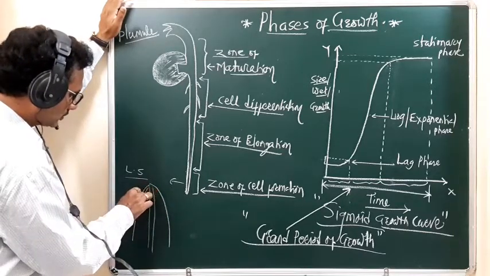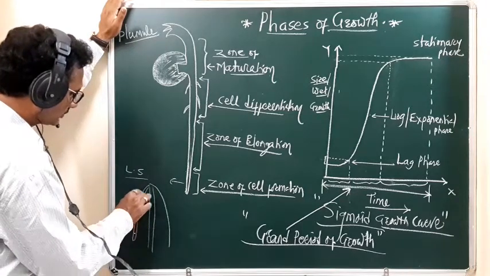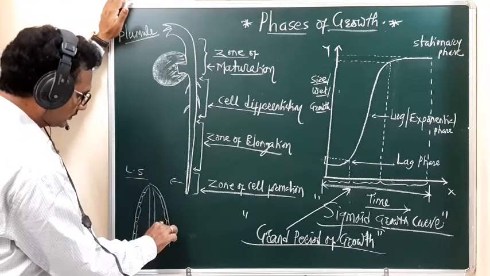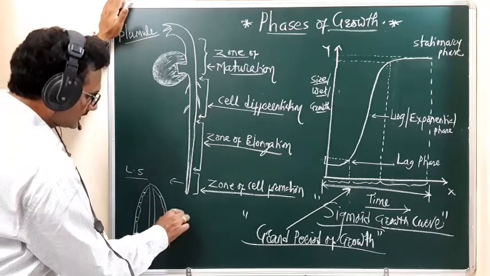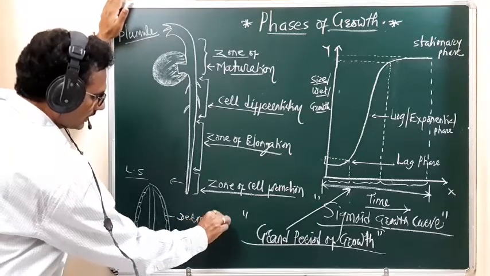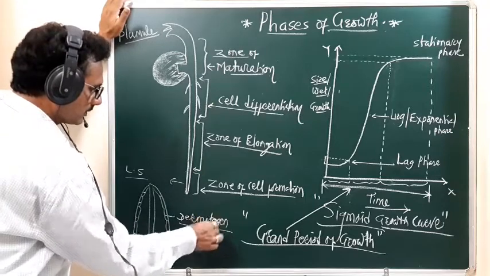The outermost region is one cell thick. That region is called the dermatogen region.